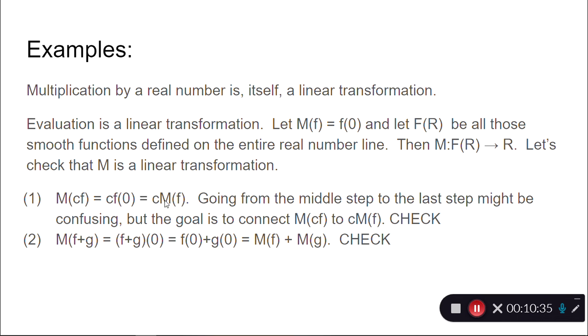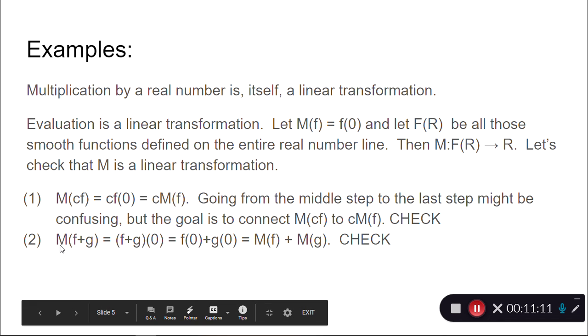So this is kind of weird, right? We start off with something general here. We write what its result is. And notice I'm not worrying about what f(0) is. Maybe it's 7. I don't know. It doesn't matter. And then I'm replacing f(0) with M(f), which is exactly what was given in the problem. And the point of this is that the left-hand side and the right-hand side demonstrate preservation of scalar multiplication. Right. It's a little weird.